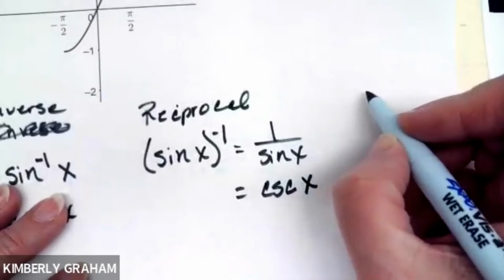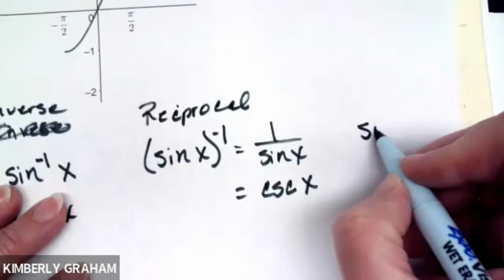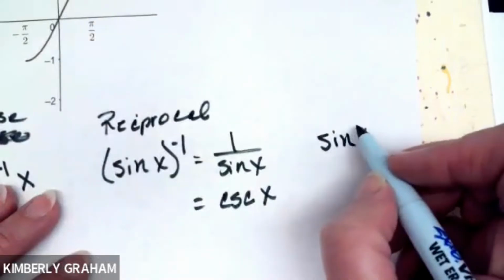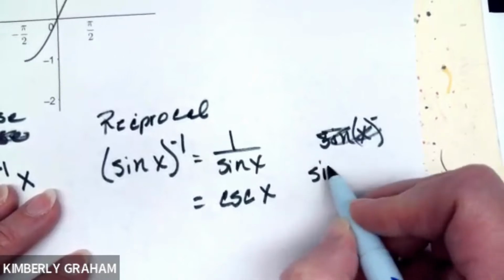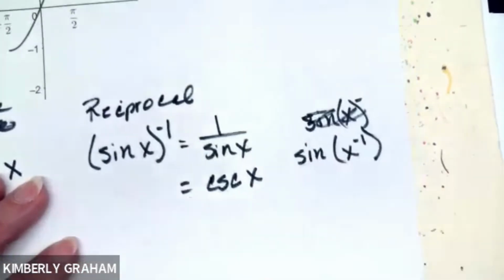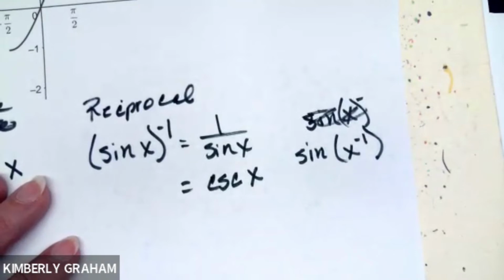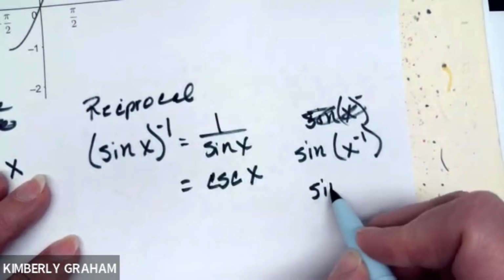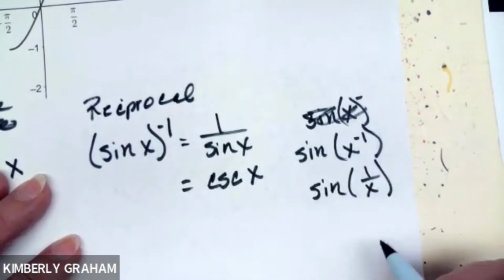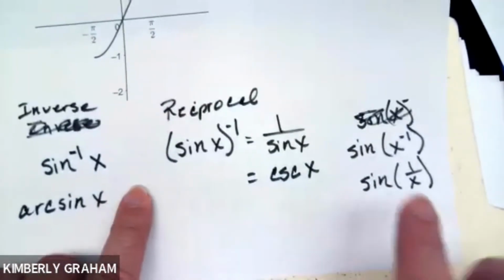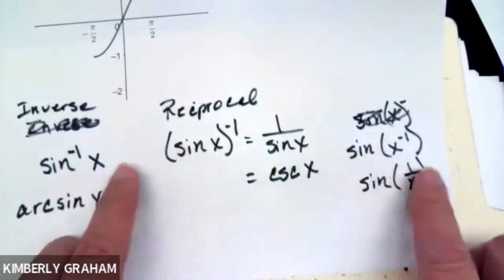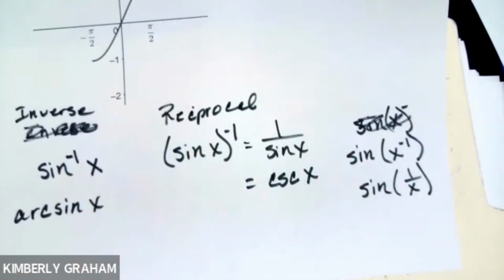And also, let me write this again, sine of that with that -1 being associated as the exponent of my x term, this means the sine of 1 over x. So that's a different meaning entirely. All right, so depending on where your parentheses is, where your -1 is, you're going to have 3 different meanings here. So be careful with that.